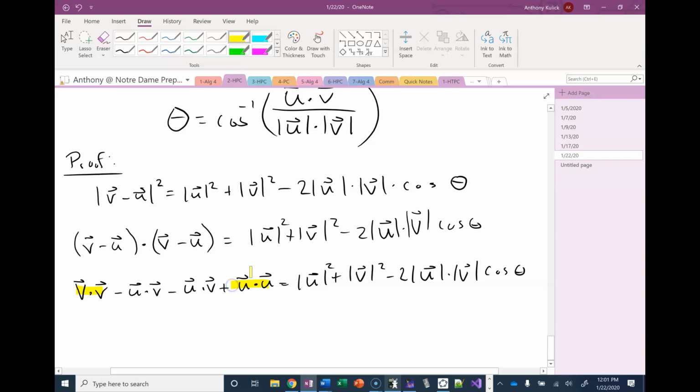Now look at these two pieces. What do you see here? I see the magnitude property, right? These two are like terms, so they can go together.